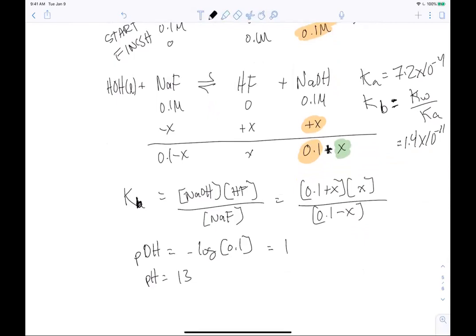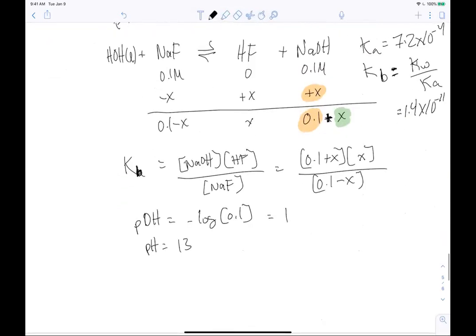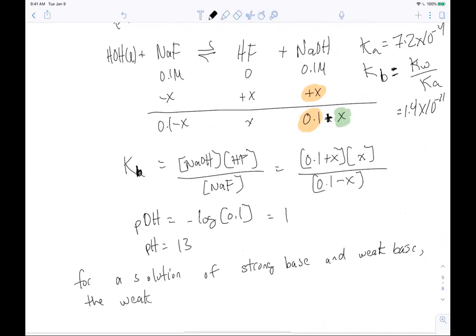Generally speaking, for a solution of strong base and weak base, the weak base contributes little OH minus.